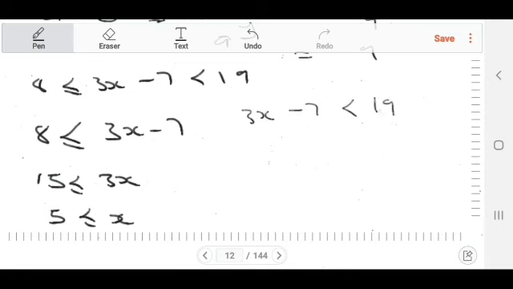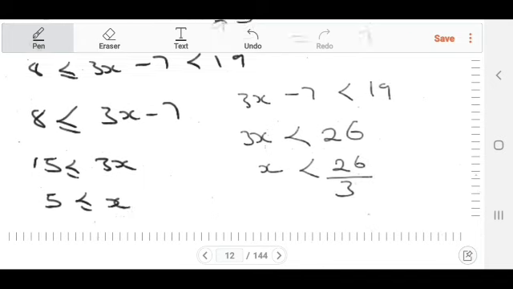Then taking our 7 to the other side, we've got 26 over 3x. Then we've got x less than 26 over 3.